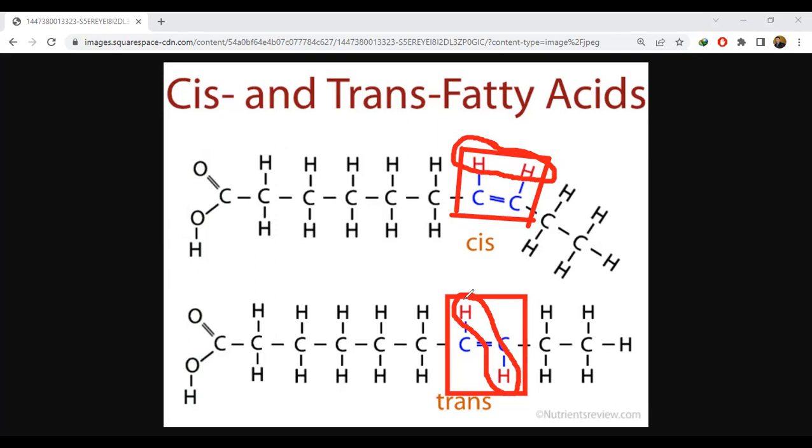Naturally, cis is more common and healthier also. Trans is harmful. People who consume saturated fats and trans unsaturated fats get heart diseases easily. Understood?